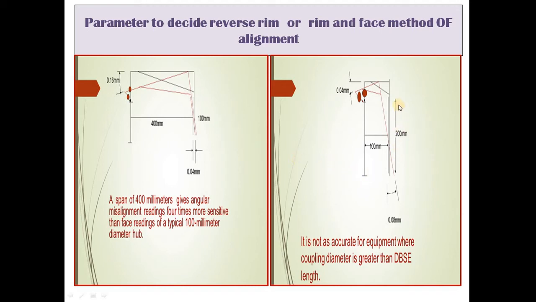Suppose your coupling dia is 200 mm, and the spacer length, the distance between the couplings, is 100 mm. So for an axial misalignment of 0.08, you are getting only half of the reading, that means 0.04. That means in this type of coupling, the rim and face method will be more sensitive and more accurate than the reverse periphery method or reverse dial method.